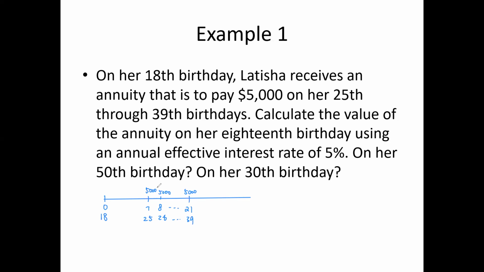Let's figure out how many payments we have. That's 39 minus 25, which is 14, but you need to add 1. It's always the counting thing. You need to add 1.